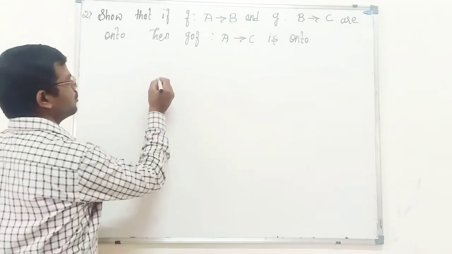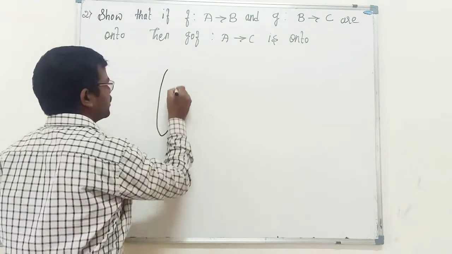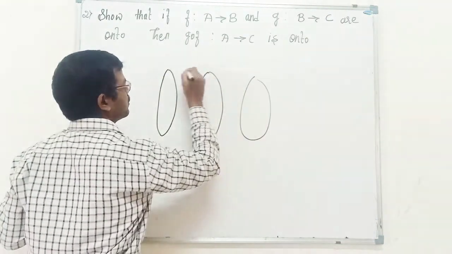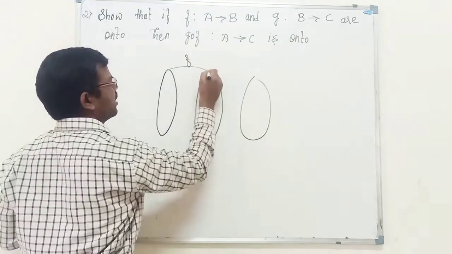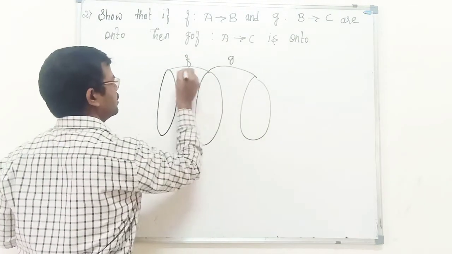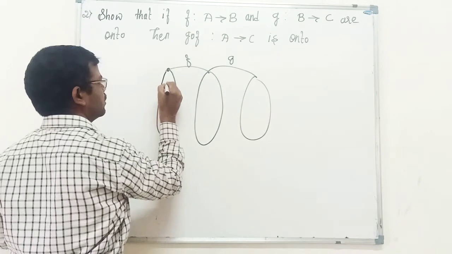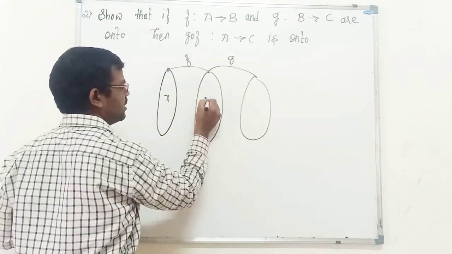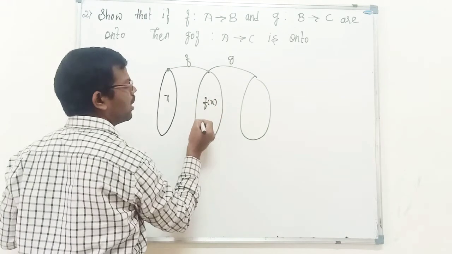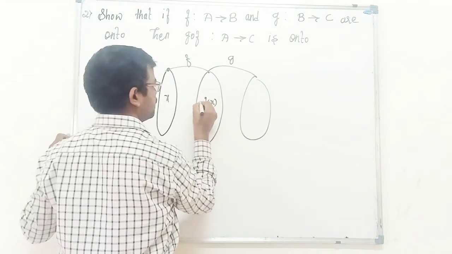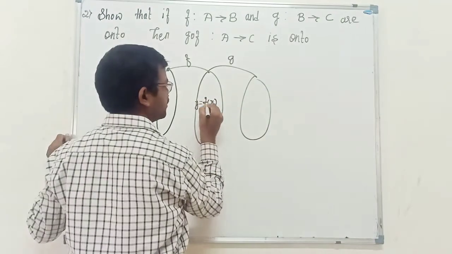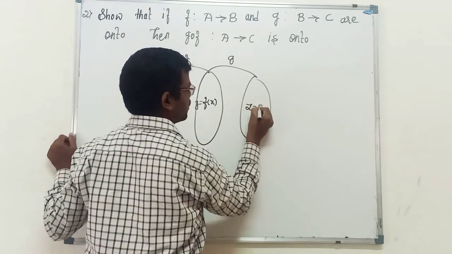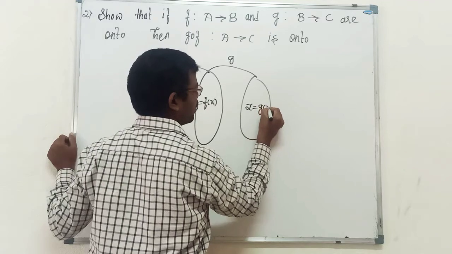Let me define how the composition is defined. This is f and this is g. Here we indicate x, here we indicate f of x, or y, which we call y. For this y we have here a z, which we call g of y.